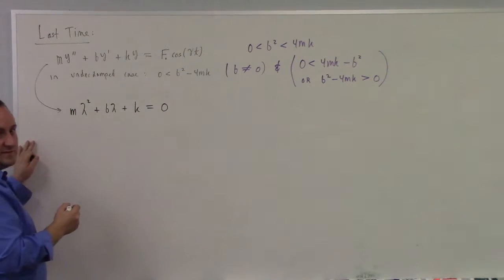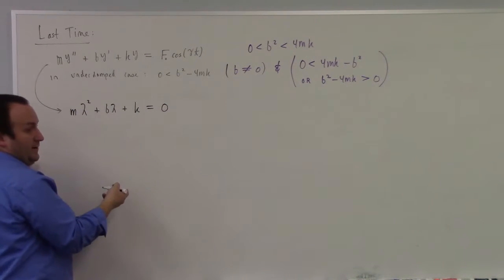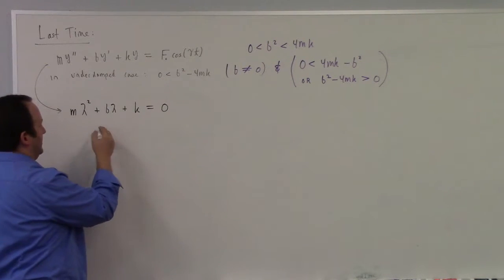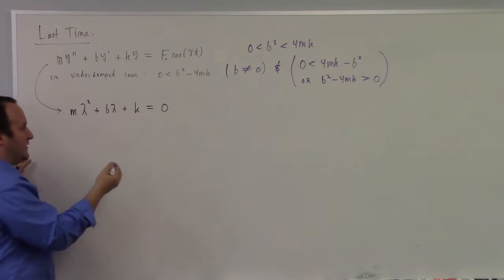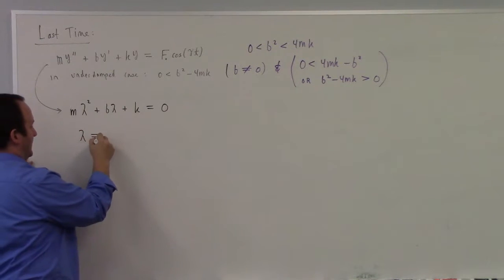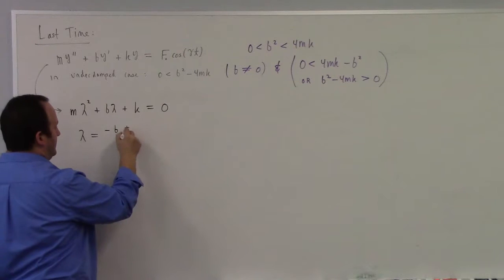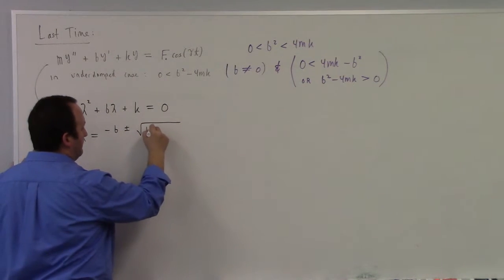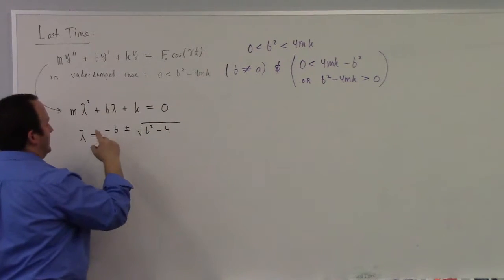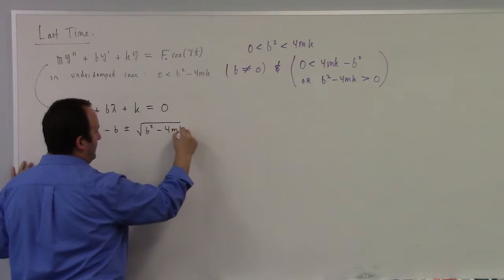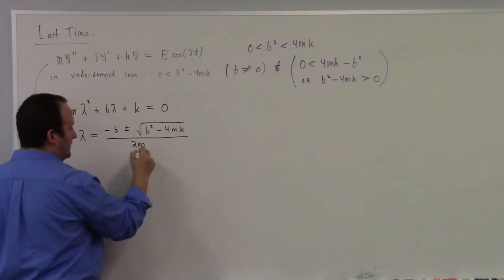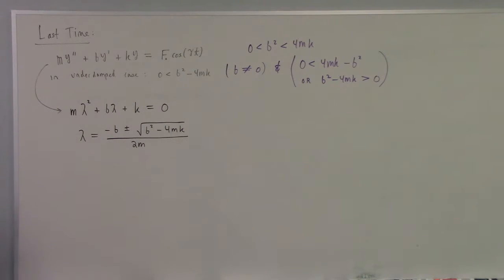That's the characteristic equation for this problem. So if we complete the square on this, what do you get? Well, let me just get to the point. Use the quadratic equation. You guys know quadratic equations. Minus b plus or minus the square root of b squared minus 4 times AC, which in this case is mk, all divided by 2m. This is true in all cases with the proper interpretation.